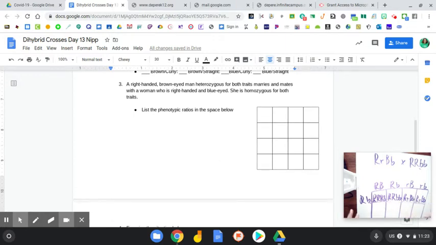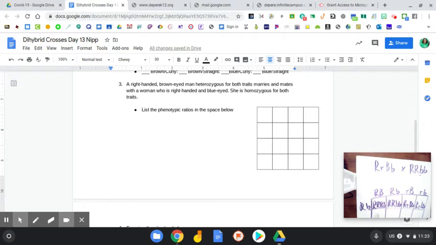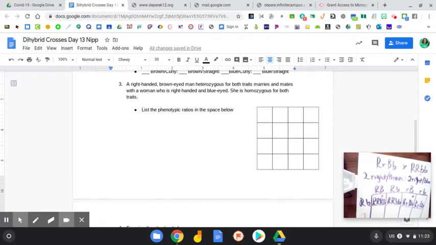So I would write the phenotypic ratio: this one is right-handed brown eyes, right-handed brown eyes, so two right-handed brown to two right-handed blue eyes. So that would be the phenotypic ratio for that.